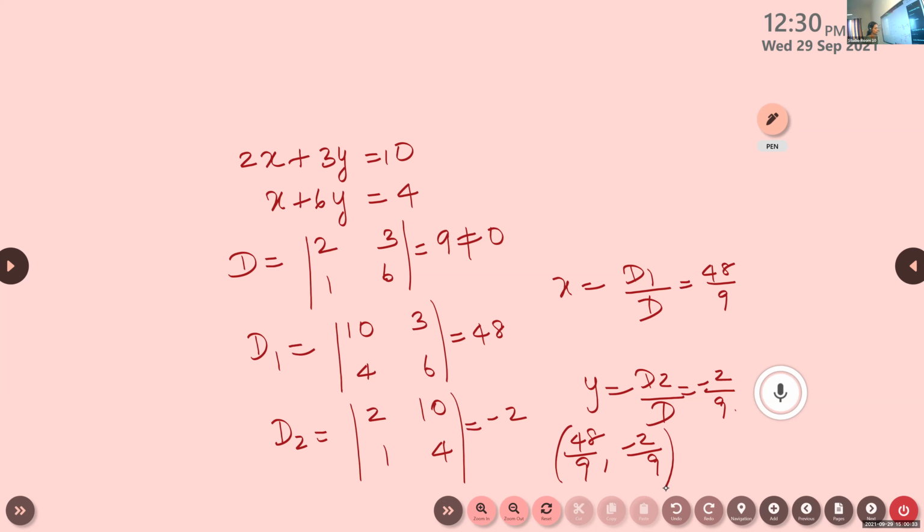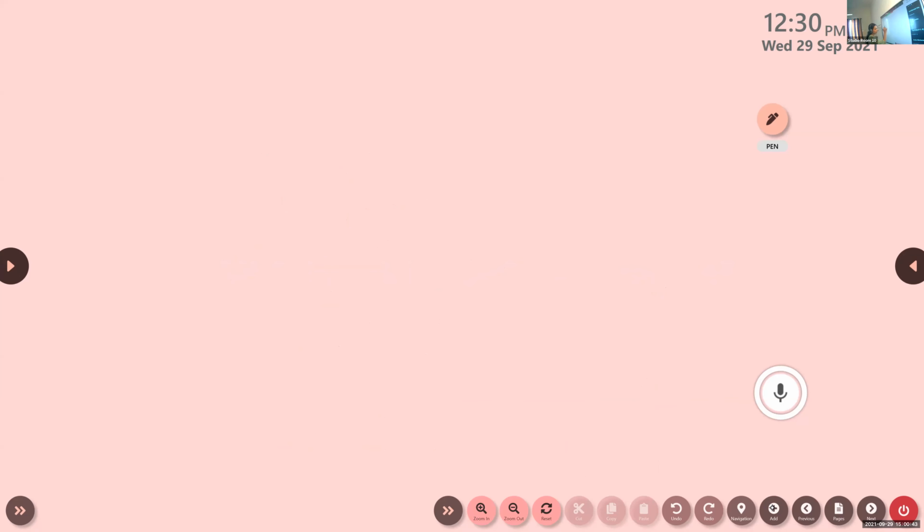This is the solution. But here you have to look at the concept. If D is not equal to 0, only then can we say the solution exists. If D is equal to 0, then what will you do? You check D1, D2, D3.